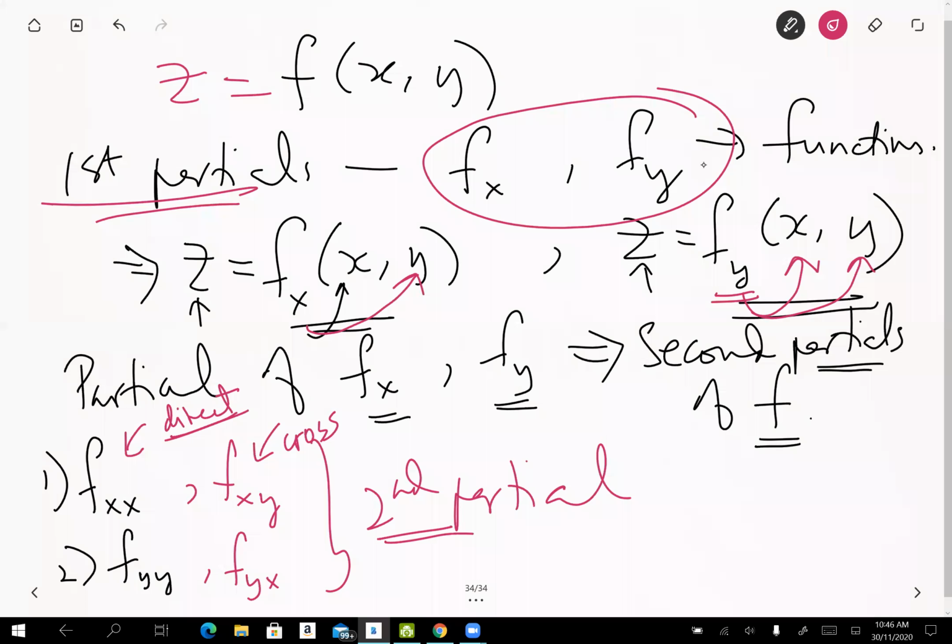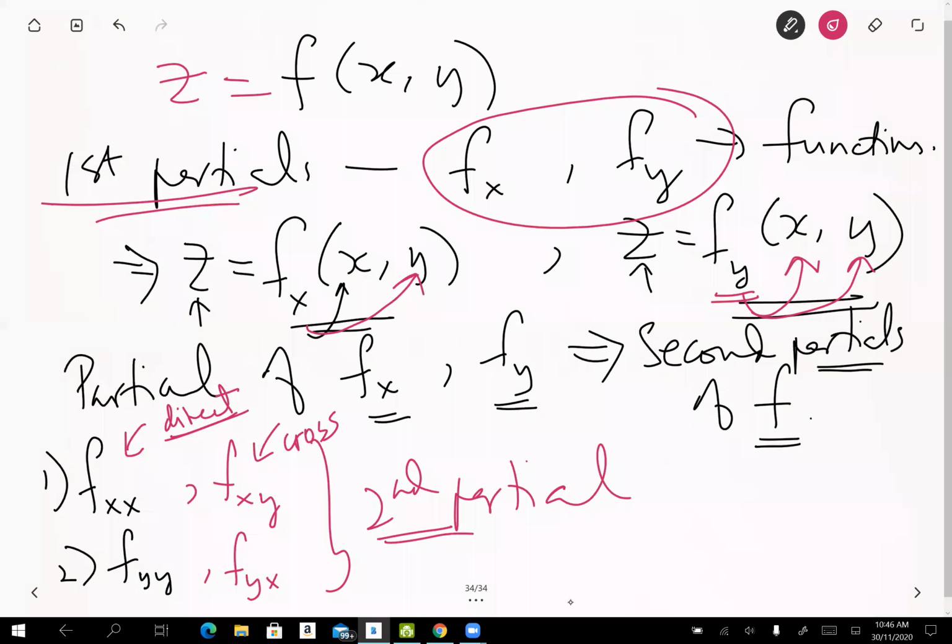It's the derivative of the derivative, just like what we were doing earlier, but now with regard to a function with two independent variables. So that is the second partial derivative. Is that clear? All right.